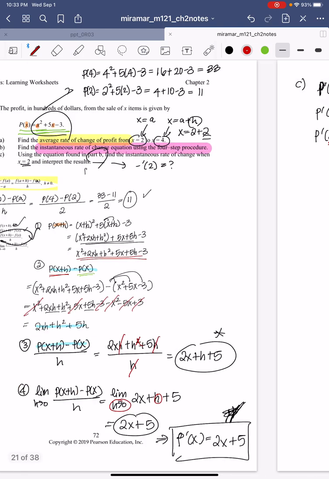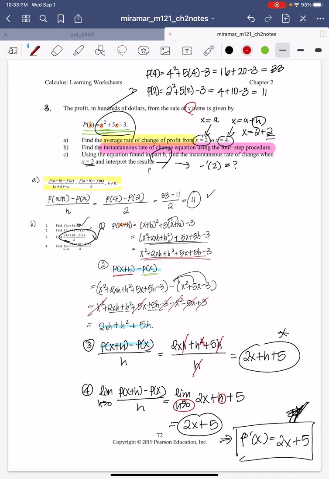So what does this mean? This means that when the second item was sold, because that's what the 2 is, right? x represents the number of items. So when the second item was sold, your profit increases at a rate of 900 per item, because it's not the profit function, it's not p of x.